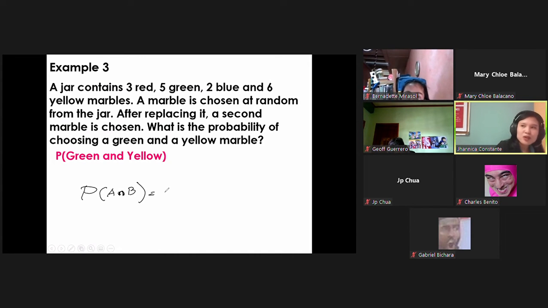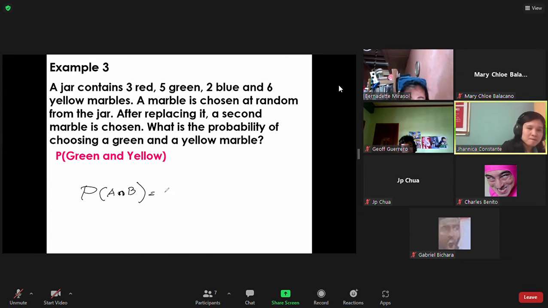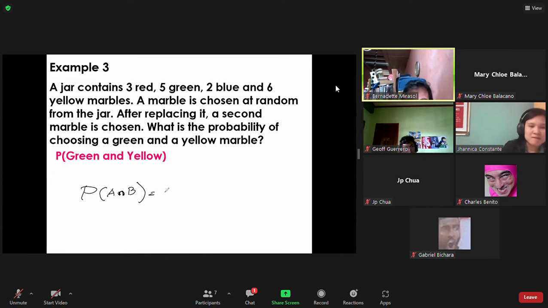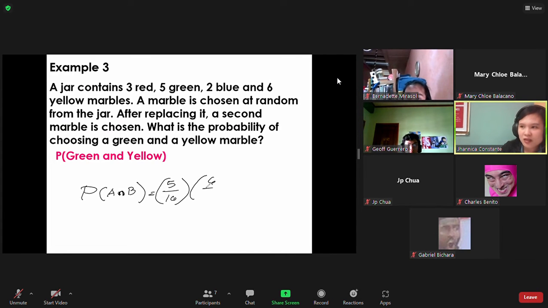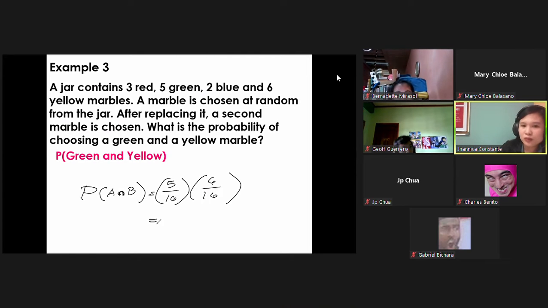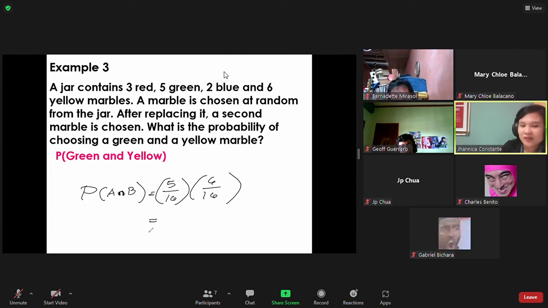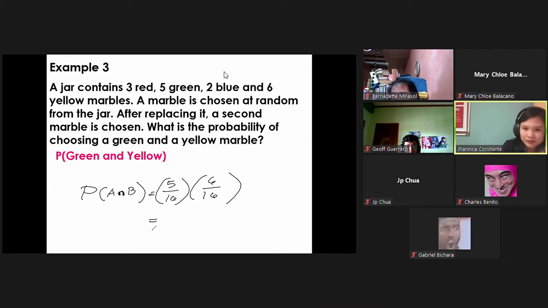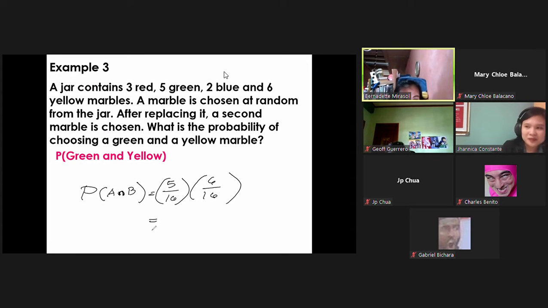Can you give me the answer for the probability of getting a green and a yellow marble? 5/16 and 6/16. 5 over 16 times 6 over 16, which is equal to 30/256.